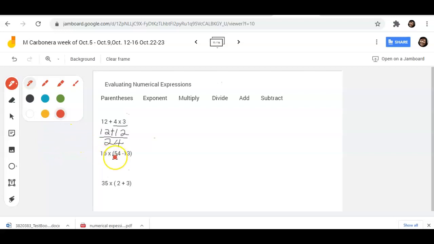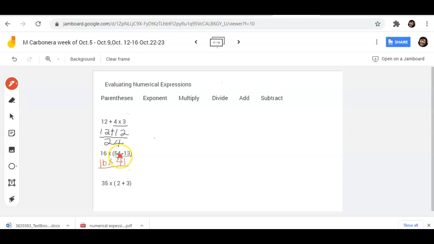So you are going to underline 54 minus 13. And what is 54 minus 13? It is 41. Okay? So write your answer below here. You bring down the times and you bring down the 16. So what you are going to do now is multiply 16 times 41.